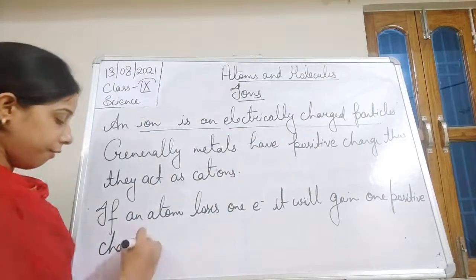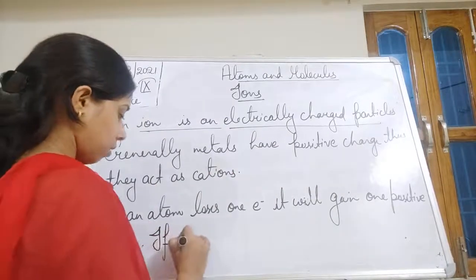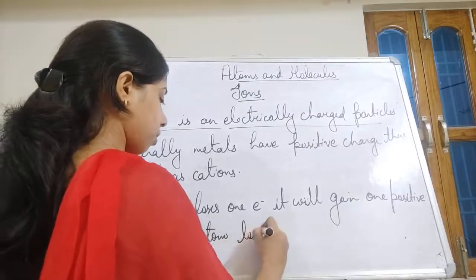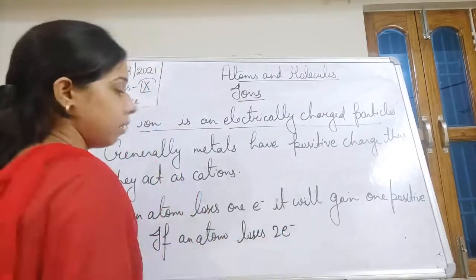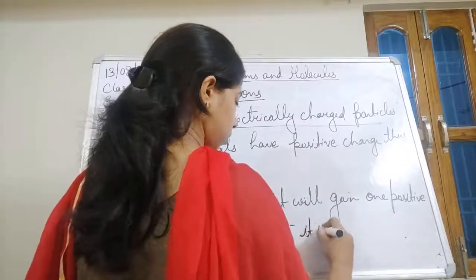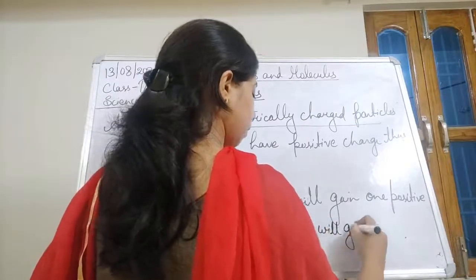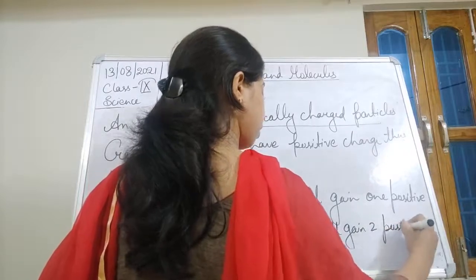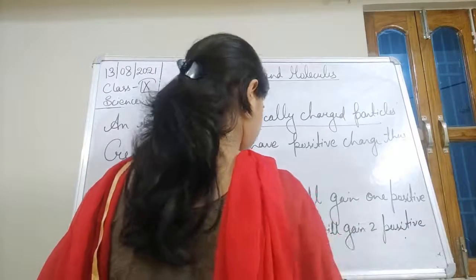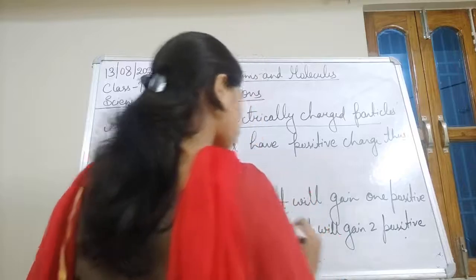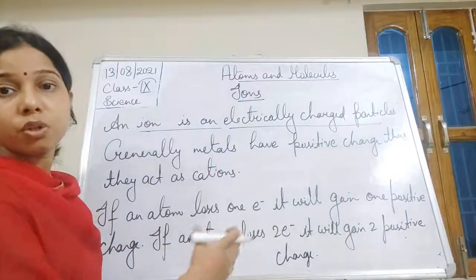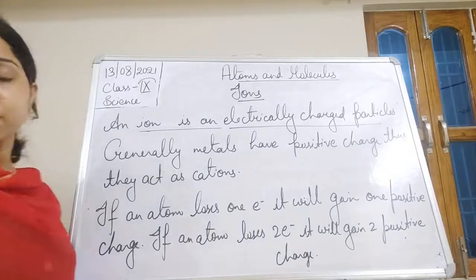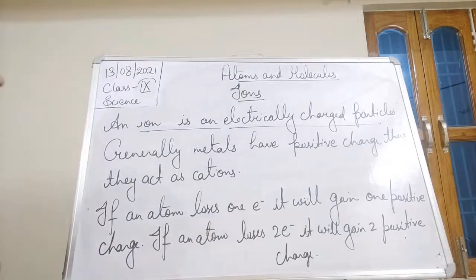But if an atom loses two electrons, it will gain two positive charges. Not only this, student, if it loses more than that, 1 electron, 2 electrons, 3 electrons, it will always gain the positive charge. It will always remain a cation only.